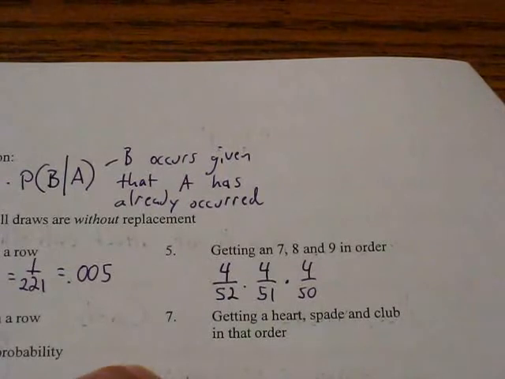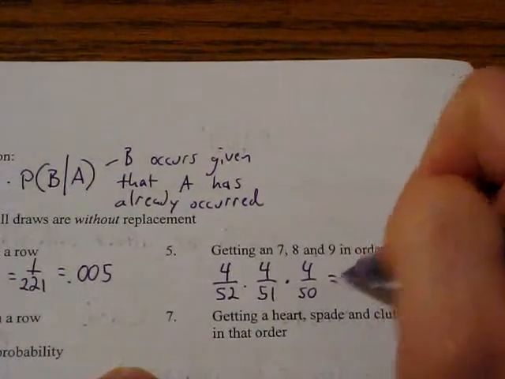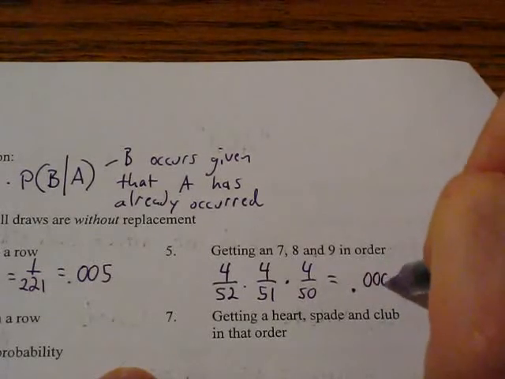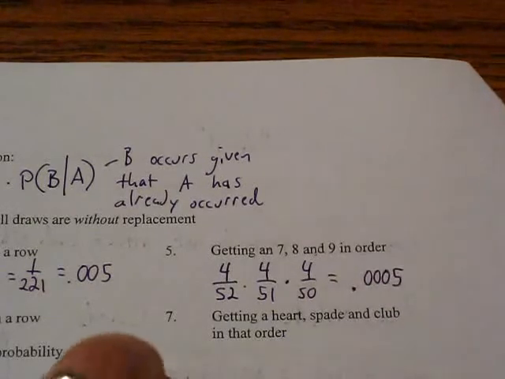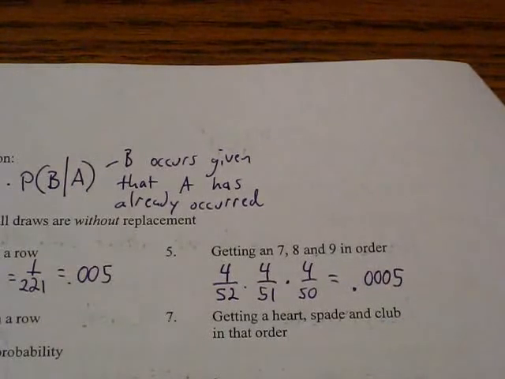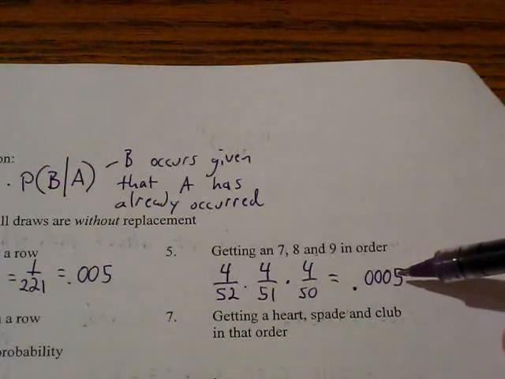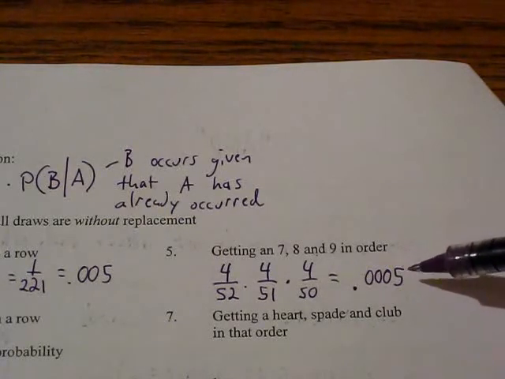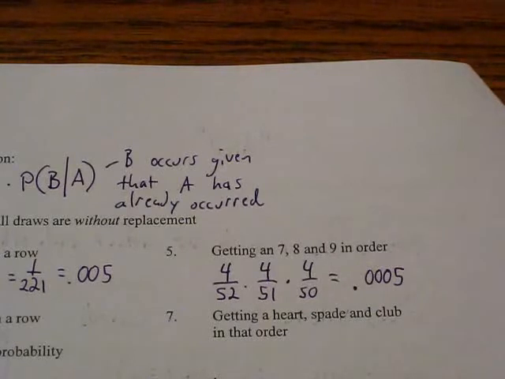Remember, we've already pulled 2 cards out of the deck. And if you do your multiplication, and I'll skip right to the division phase, this gives you a much worse percentage. And in terms of rounding, where I usually say we round to the 3rd decimal, this breaks that rule a little bit, and we will round to the first non-zero decimal.